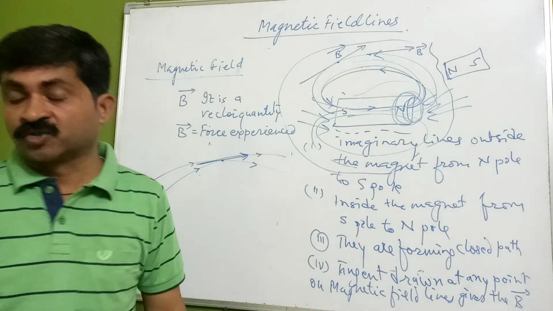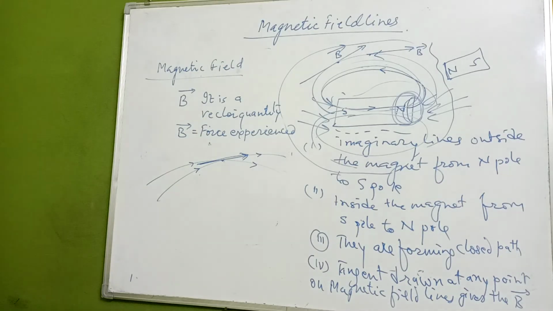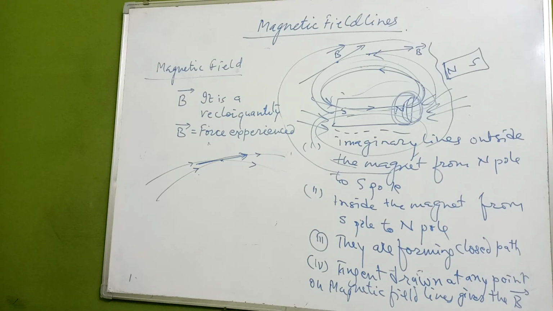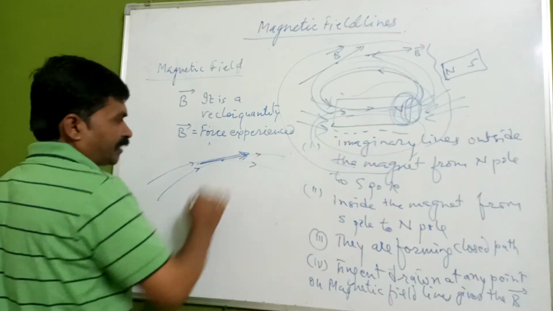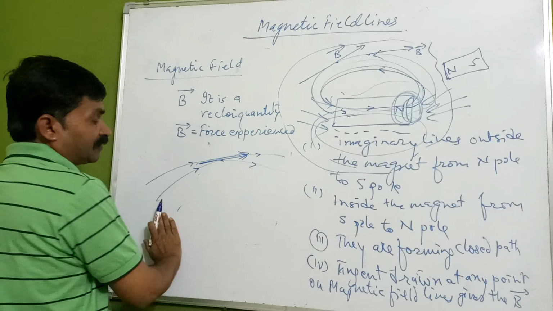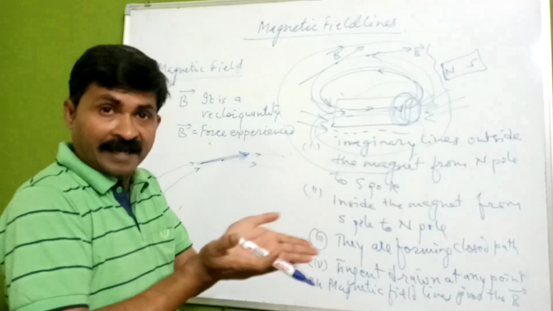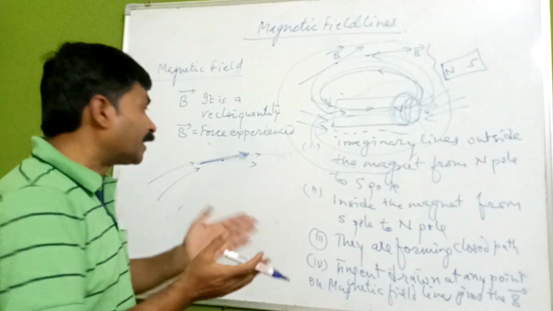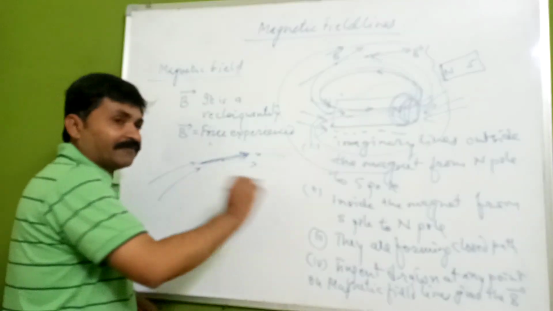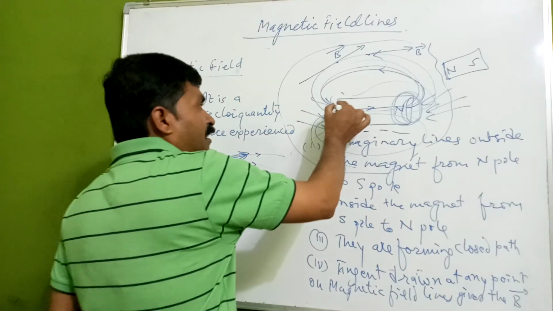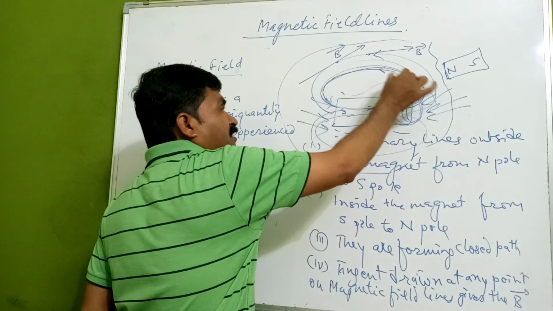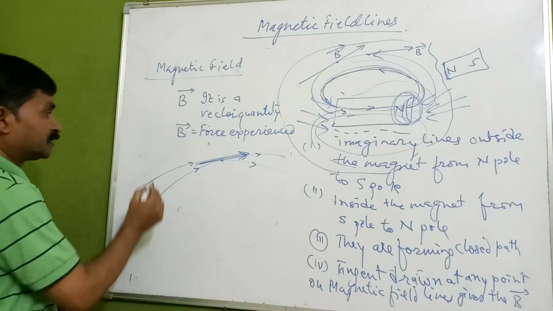Okay, so now we are getting only one direction here. But if we talk about two magnetic field lines, there would be two directions of the magnetic field. It means they never cross each other. This is the property: they never cross each other.